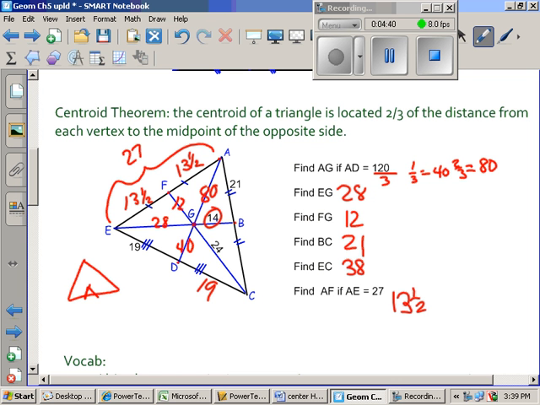Well, the centroid is the exact center of balance. So even if the triangle is thousands of meters in area, you could still find the centroid. And if you put a dot right at that centroid, it would balance on your finger right at that point. Of course, if it was thousands of square feet, it would crush you, but that would be the exact center of balance. That's the centroid's claim to fame.